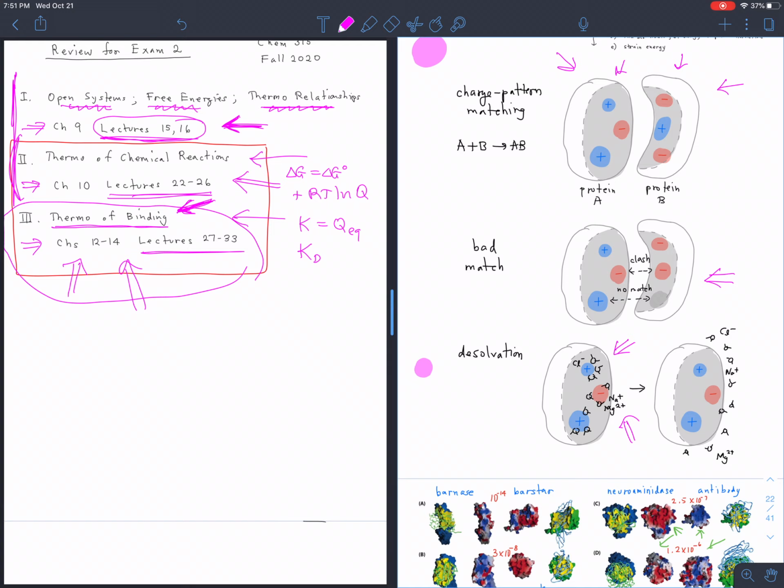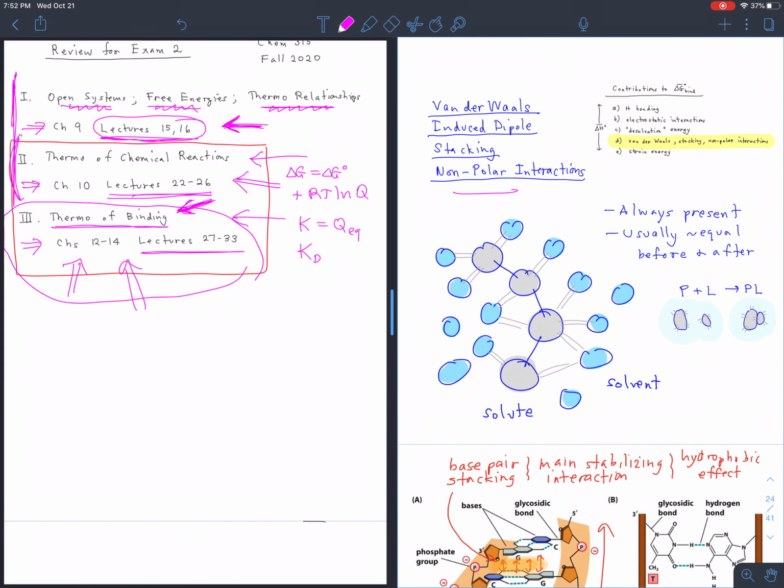Whether you get back as much energy as you paid to desolvate is a question that varies from case to case. A lot of times you lose more electrostatic energy than you gain when you bring the two molecules together. But it does provide another type of pattern, and so it's also a contributor to specificity.